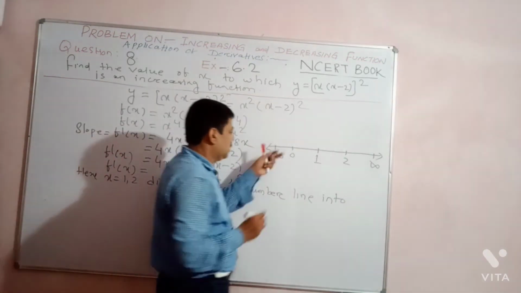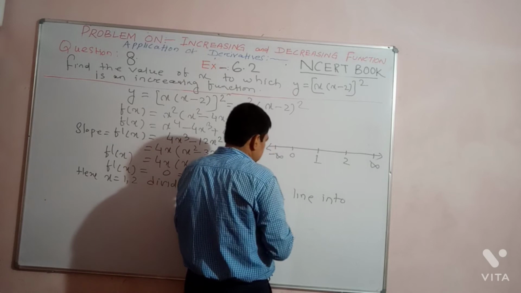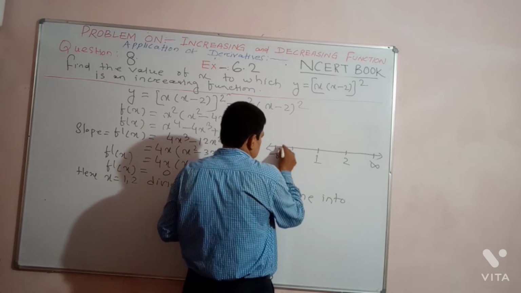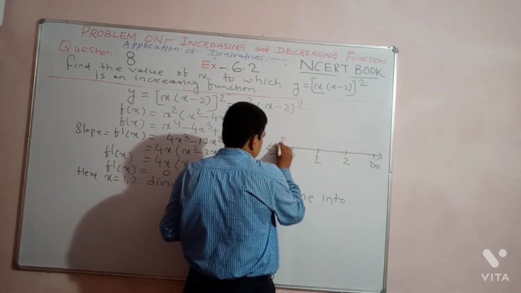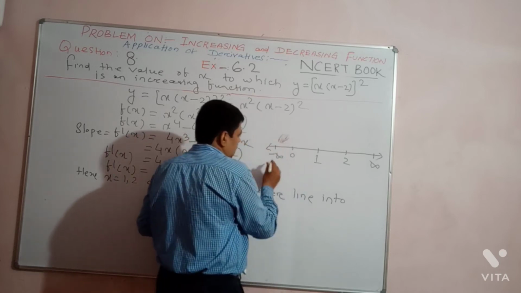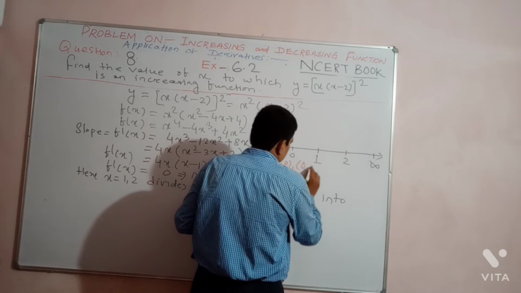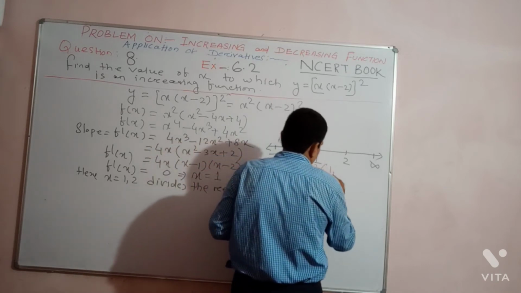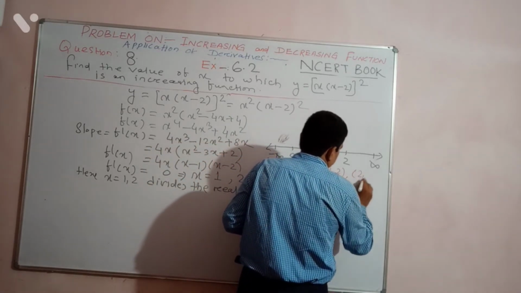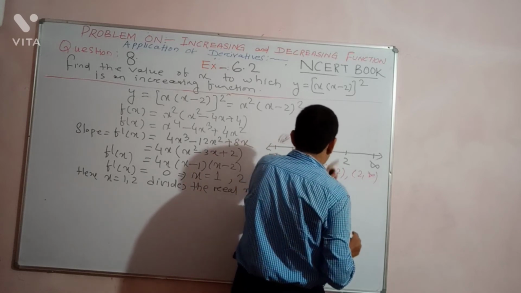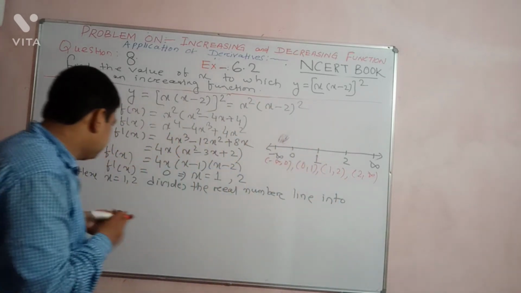How many intervals? One, I can write it as interval I1. The first interval is minus infinity to 0. The second is 0 to 1. Another is 1 to 2, and the last is 2 to infinity. So we are getting four different intervals.